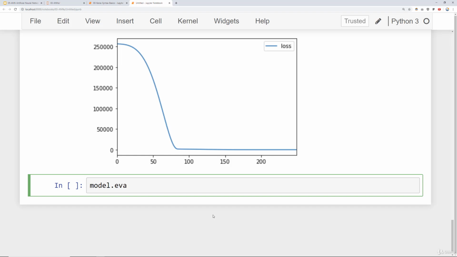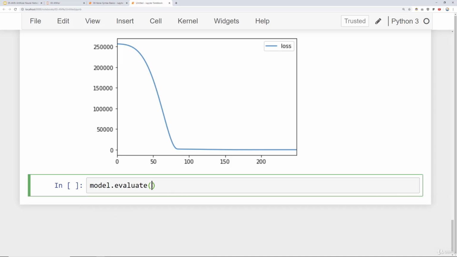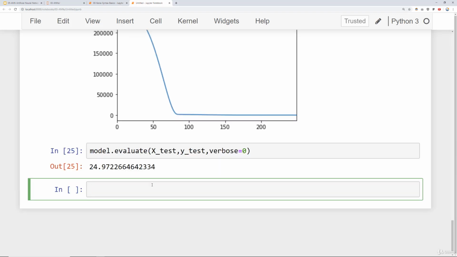One way to do this is by calling model.evaluate. The way model.evaluate works is you pass in your test set, x and y. So I'm going to say x test and y test, and I will say verbose is equal to 0, so I don't see a bunch of output. If I run this, it returns your model's loss on the test set.